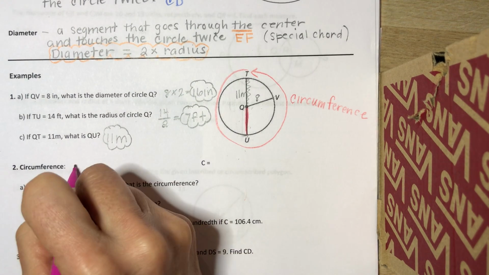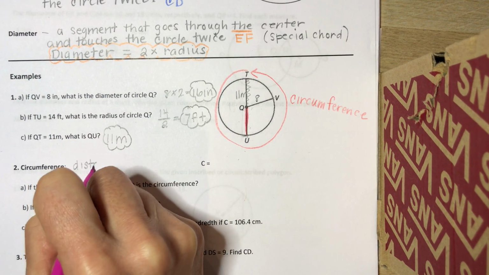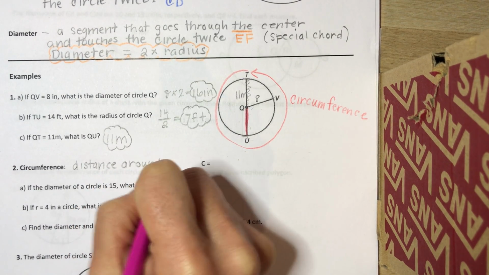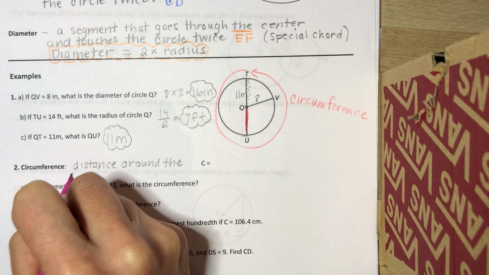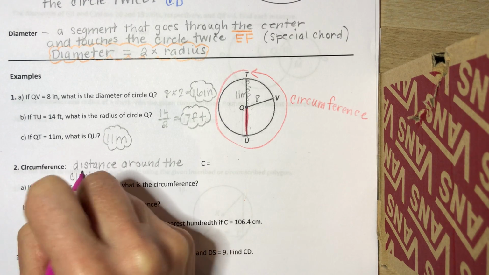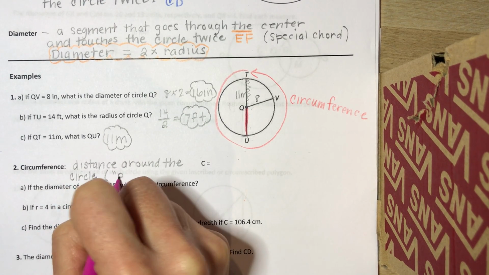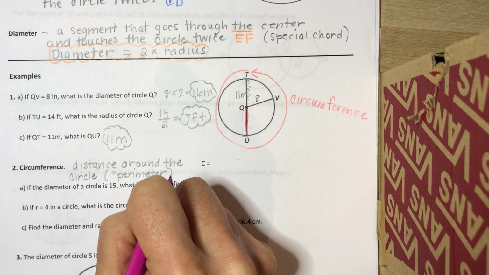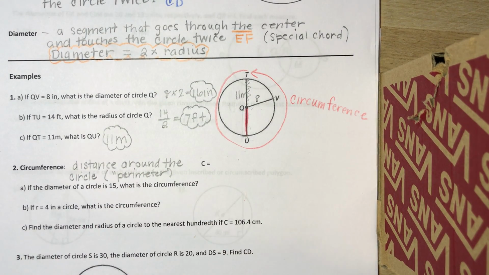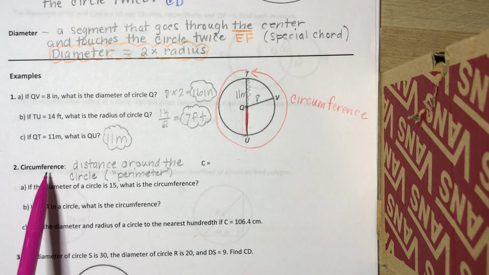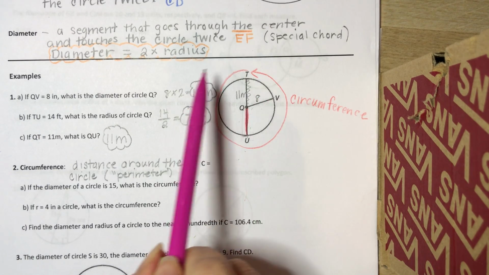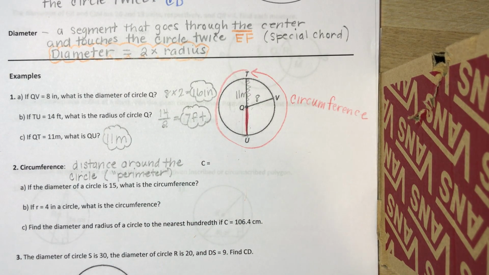Circumference is the distance around the circle. It's kind of like perimeter. We use perimeter when we talk about things like squares, rectangles, triangles, things with straight sides. When we talk about circles, if we want to know the perimeter around it, it's called circumference.